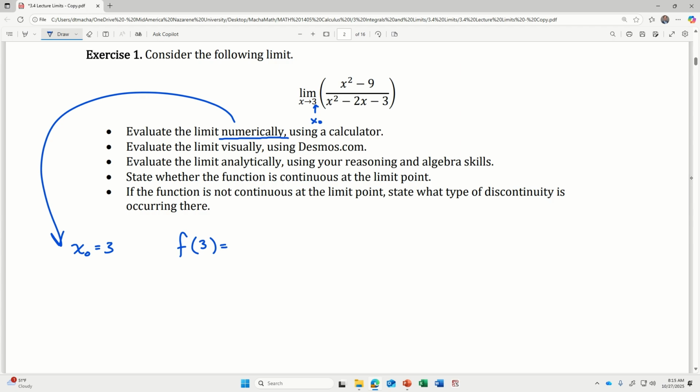Right? So if I had 3 squared minus 9, that would be 0. What if I had 3 squared minus 2 times 3 minus 3? Yeah, that's 9 minus 6 minus 3, so that's 0. So that appears to be undefined.